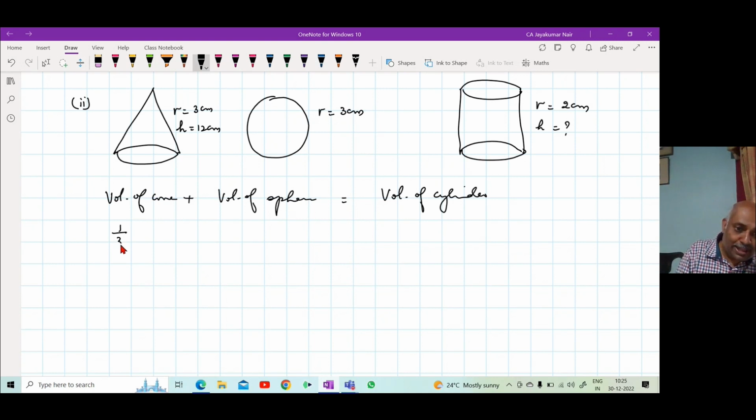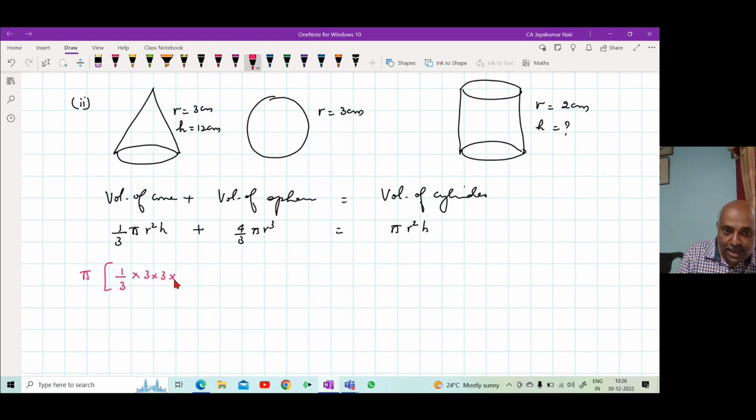So 1 by 3 pi r squared h plus 4 by 3 pi r cubed should be equal to pi r squared h. In this, pi is common, I'll take pi out. So 1 by 3 into, what is r? r is 3.